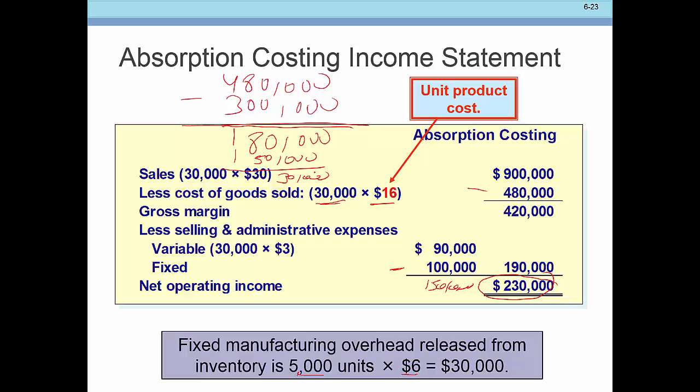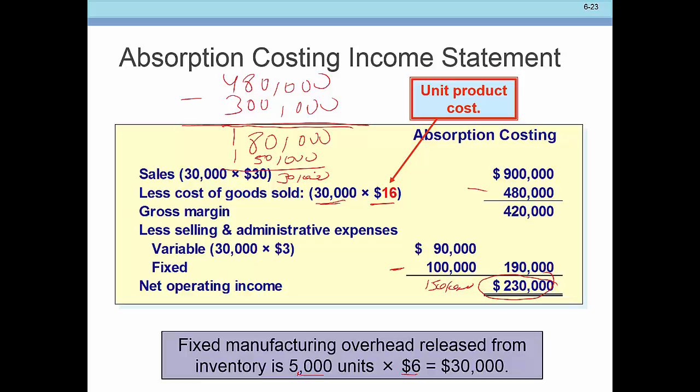Is that the same number? Okay. So I'm taking more cost of goods sold, not only because my costs are more per unit, but I also have more units, and that more units offsets the increase in my fixed expenses to a point where my variables is going to give me now a higher net income, right?